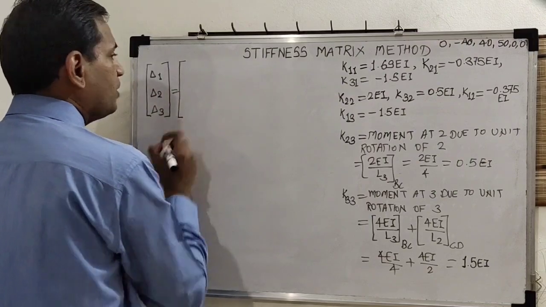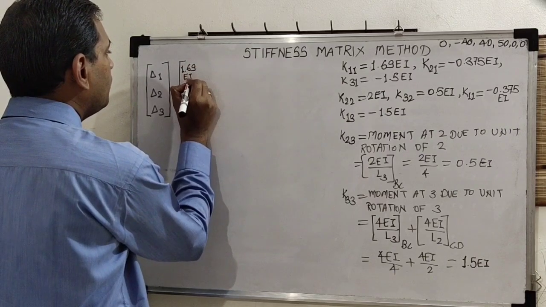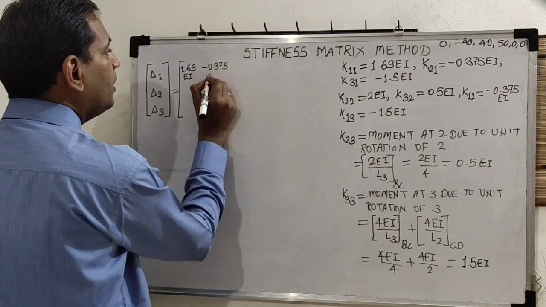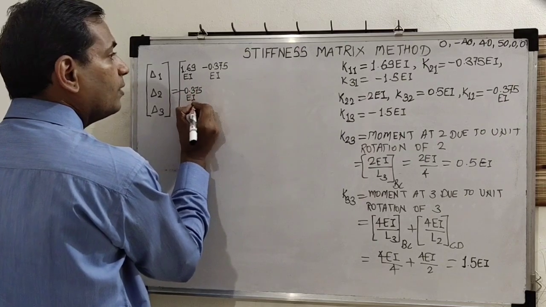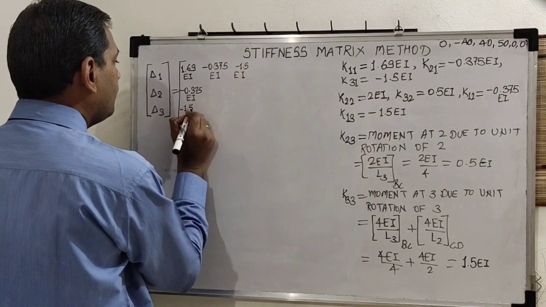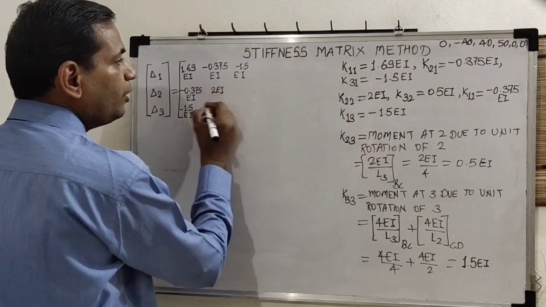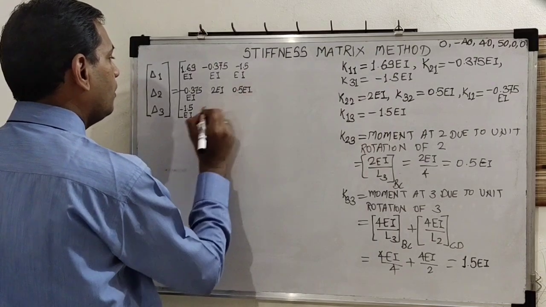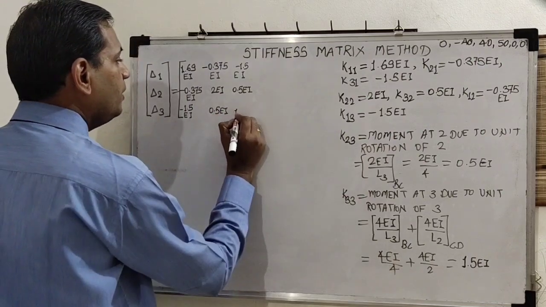Then K inverse. So K11 is 1.69 EI, then minus 0.375 EI, then minus 1.5 EI, K22 is 2 EI, K23 or K32 is 0.5 EI, and K33 is 1.5 EI.